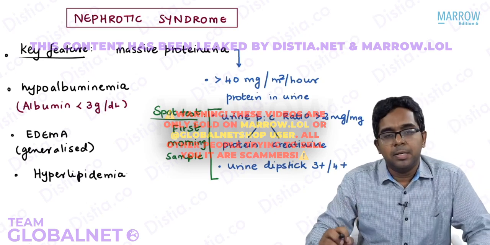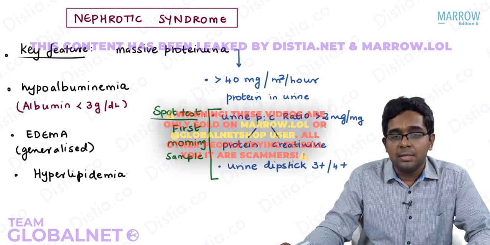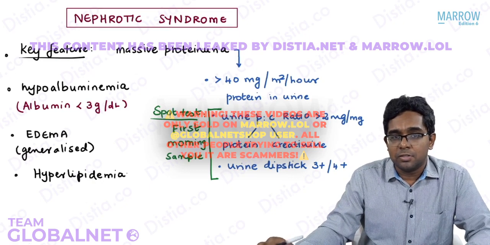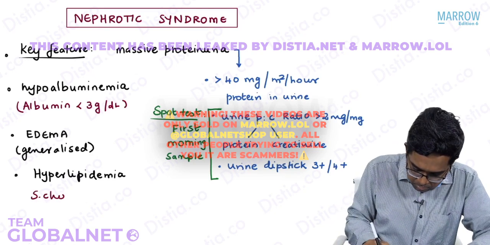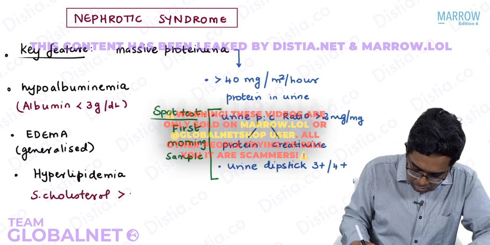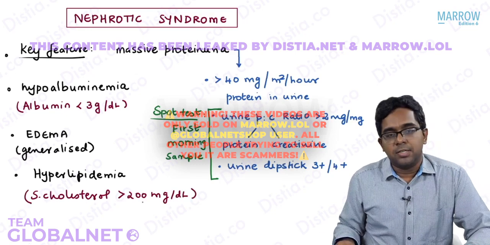Please remember, hyperlipidemia is due to increased lipoprotein synthesis by the liver, and this results in increased levels of lipids. It is usually defined by serum cholesterol levels of more than 200 milligram per deciliter. That is the hyperlipidemia associated with nephrotic syndrome.